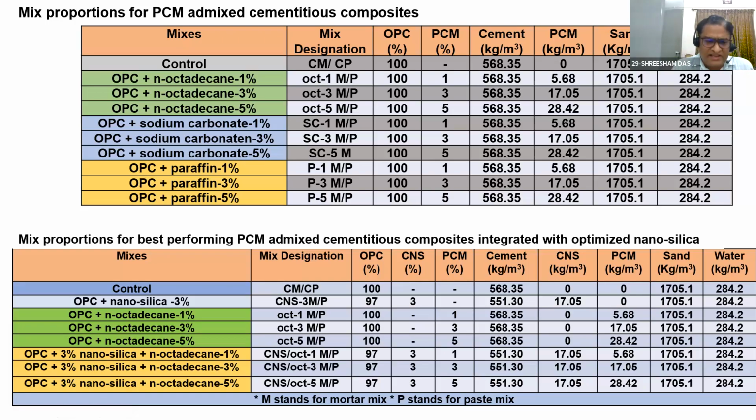For my requirement, N-octadecane is the only one working with my material. So in the second stage, I have reduced my mixes to only N-octadecane: OPC plus N-octadecane 1%, 3%, and 5%.